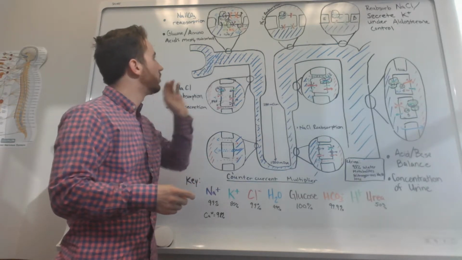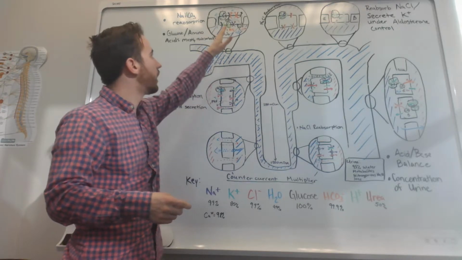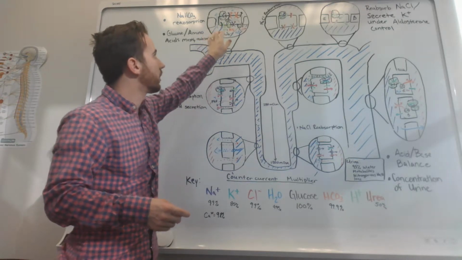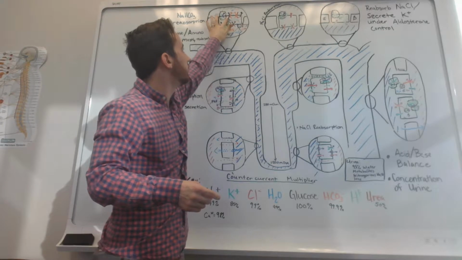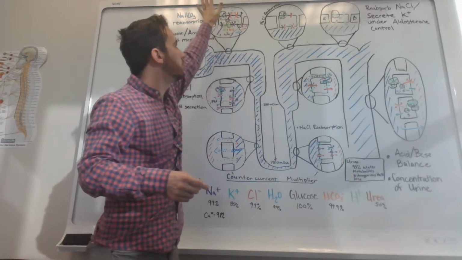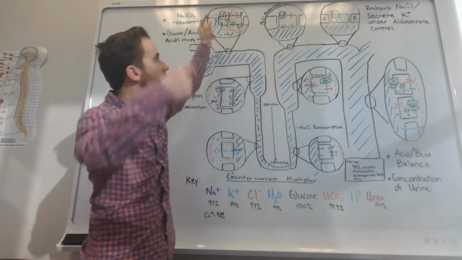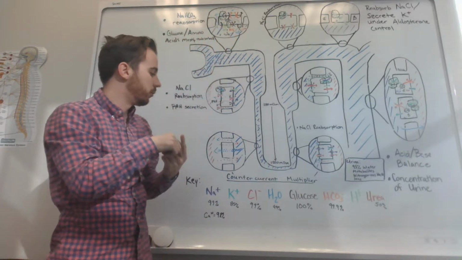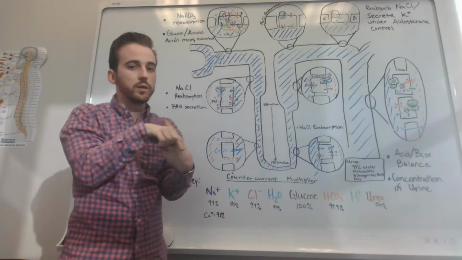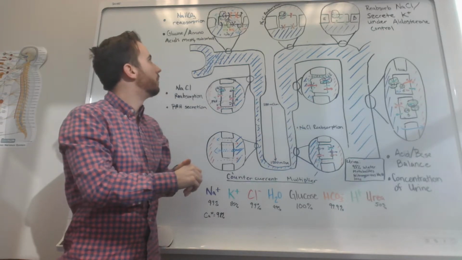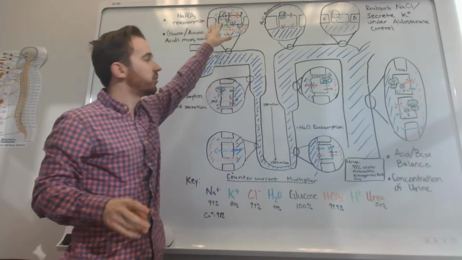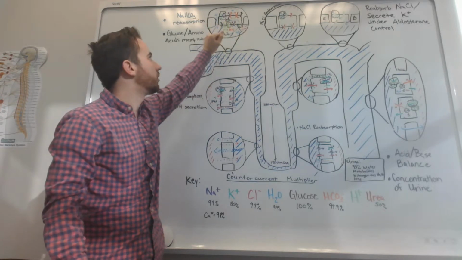And that is going to drive the rest of what happens. Bicarbonate and sodium are then moved out. Bicarbonate is also going to be an antiport movement with chloride, so chloride is going to move into the cell. And that's pretty much everything that happens in that section.